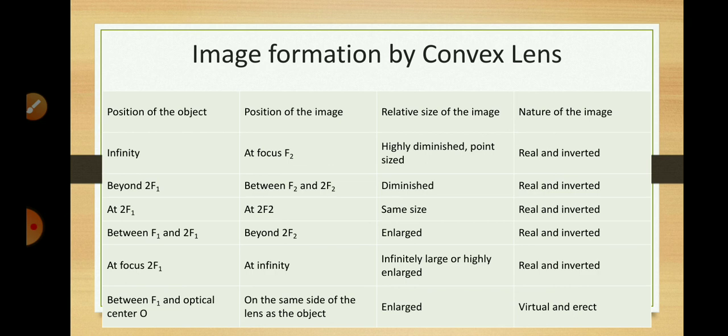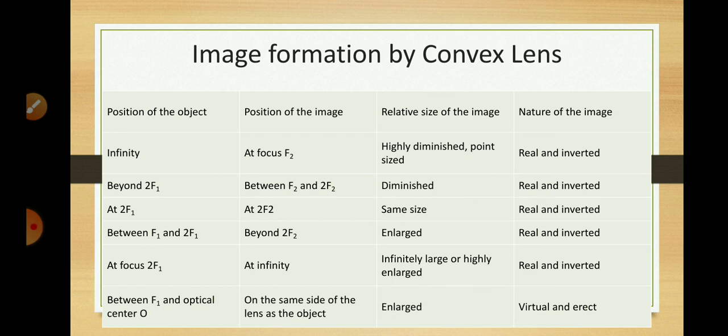When the position of the object changes, the nature, size and position of the image will also change. In this table we can see if the object is at infinity, the image will be formed at focus, that is on F2, and that image will be highly diminished, like a point-size image. The nature of the image will be real and inverted.